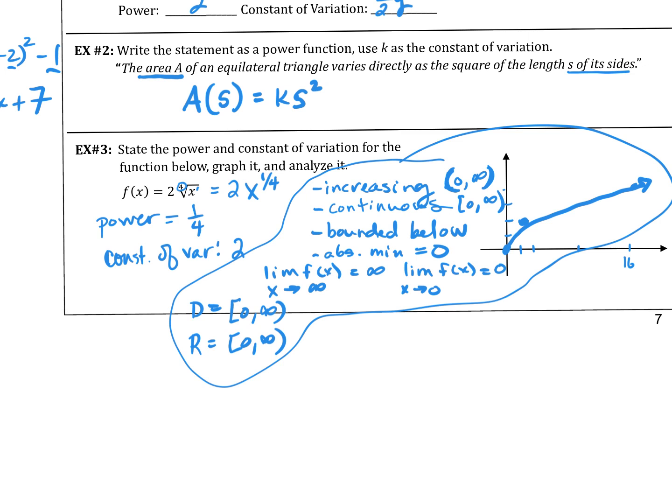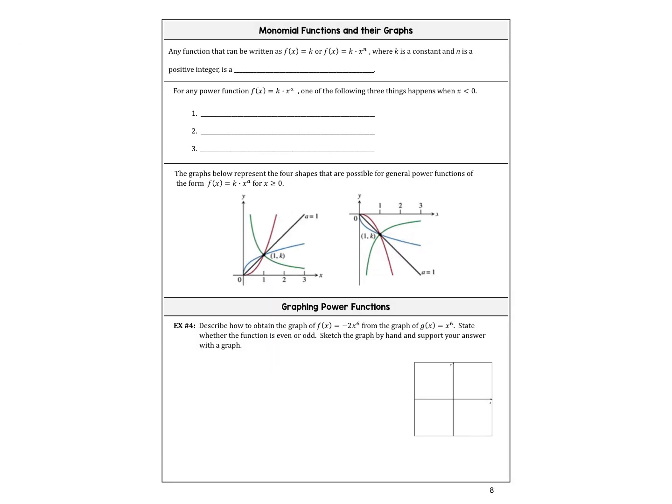So we could even include that, couldn't we? Do you see all the information you get just from being able to graph it? Okay. I want you to put a star next to this because when it says analyze the function, this is the stuff we're looking for when we analyze. All right? Are we good? Okay.